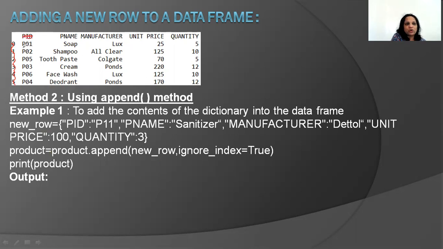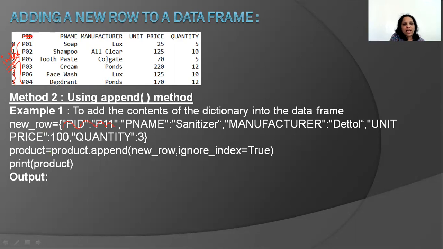So this was your index. Assume this is your index. Now when I add, obviously if that was my index, this wouldn't be a part of my dictionary because the PID is not a value. It's just an index. So I would be having from PNAME, sanitizer, manufacturer onwards.